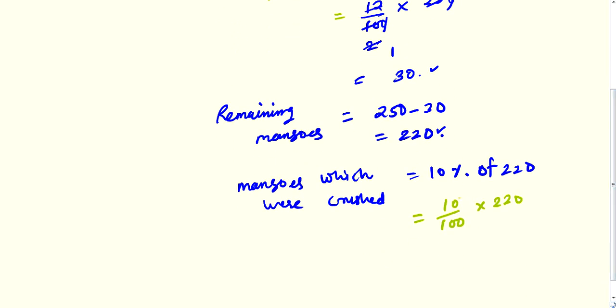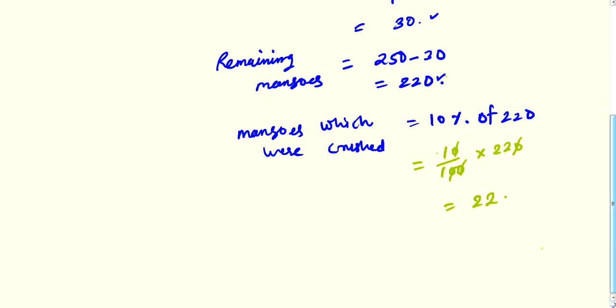So this 0 0 get cancelled, then this 0 gets cancelled. As you can see, 1 upon 1 means 1, and into 22 is 22. So 22 mangoes got crushed. Again these mangoes are not in use, so we will subtract 22 from 220.